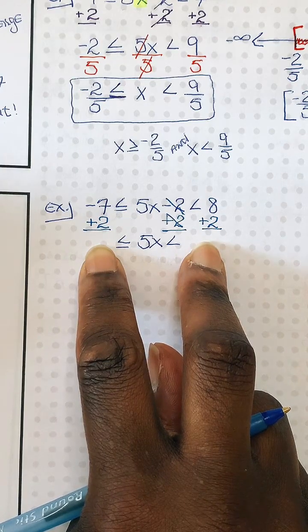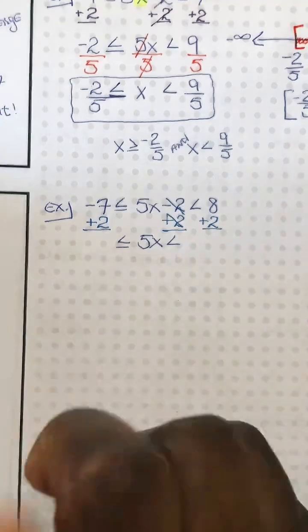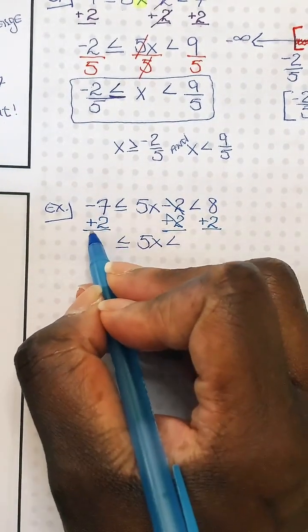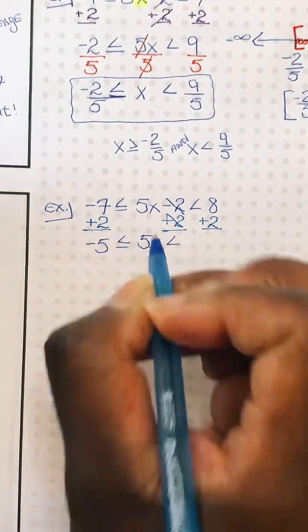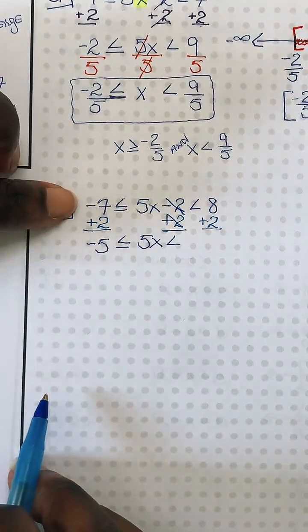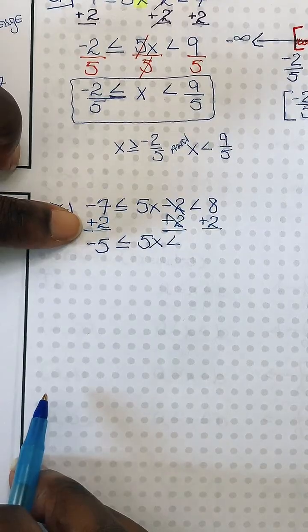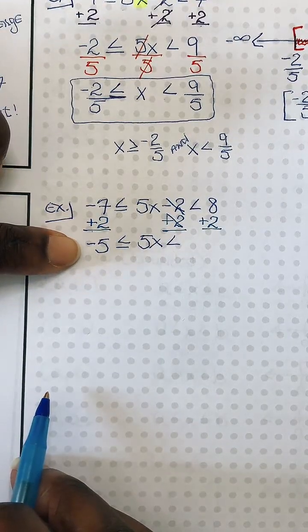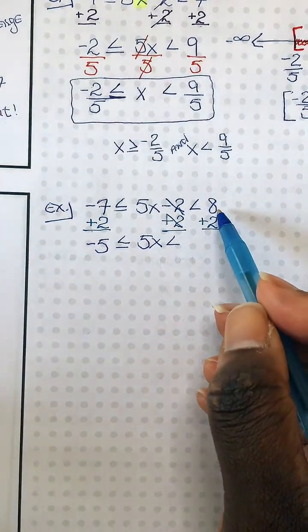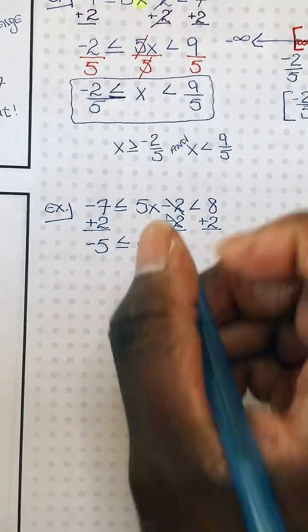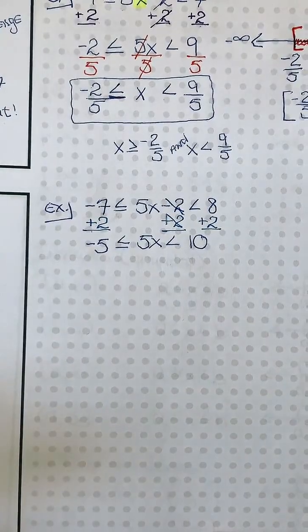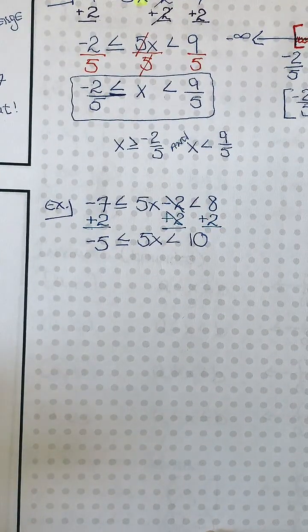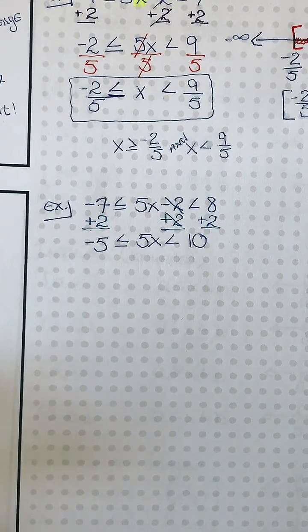Okay, good, good. So -7 plus 2 gives me -5. You owe me $7. You paid me 2. That means you owe me $5. Here you have 8 plus 2. That gives you 10. Right? Good. So now, what are we doing next?